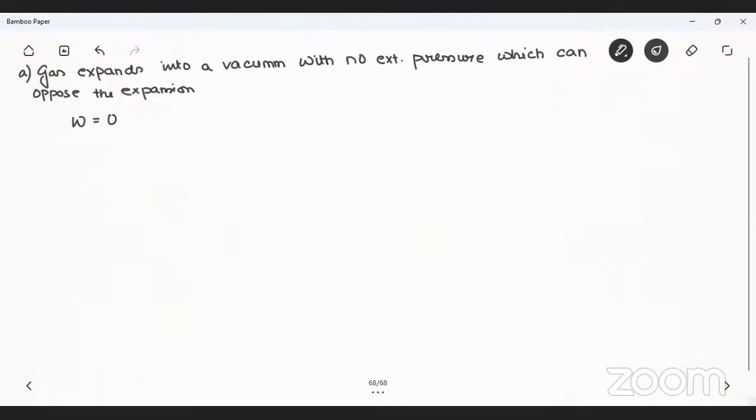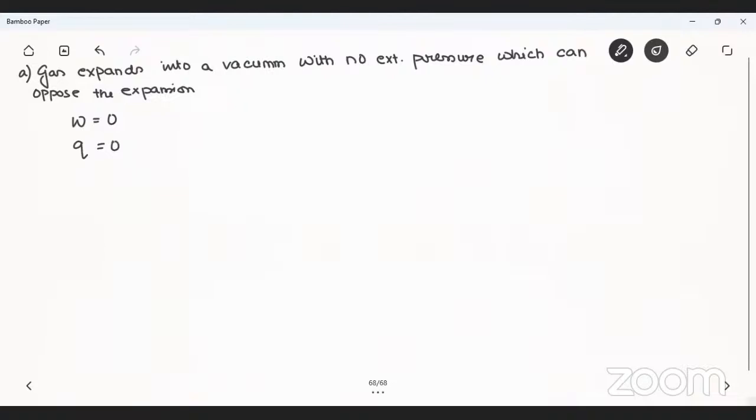Okay. Now, in the question, what is being said? That 1 mole is expanded isothermally. Can you see an exchange of heat? No. Q will be 0.